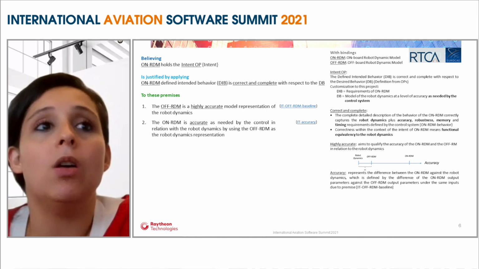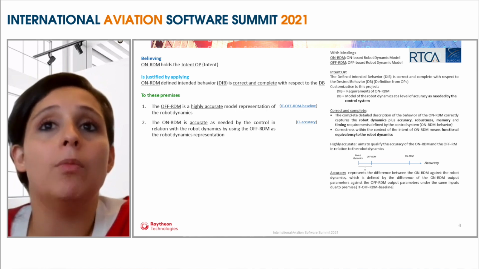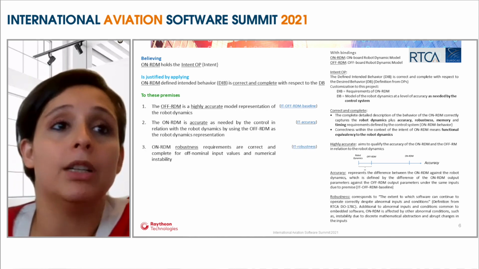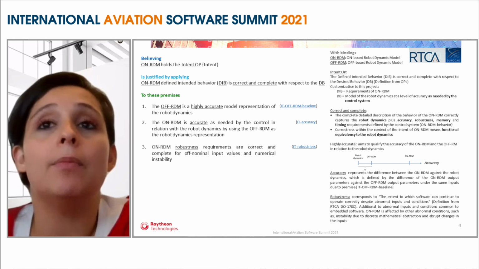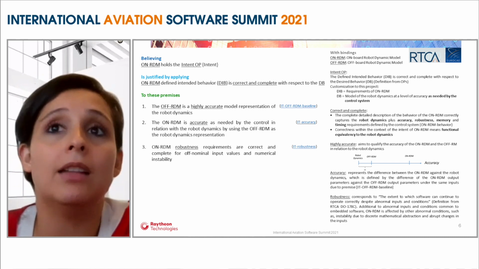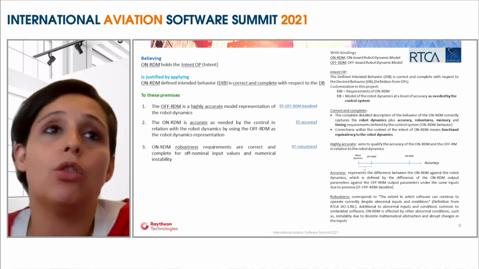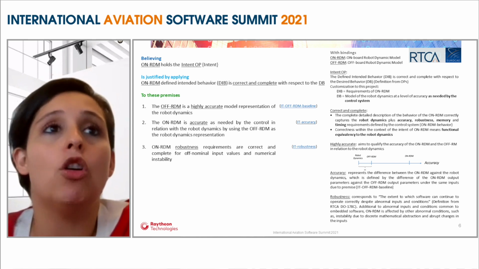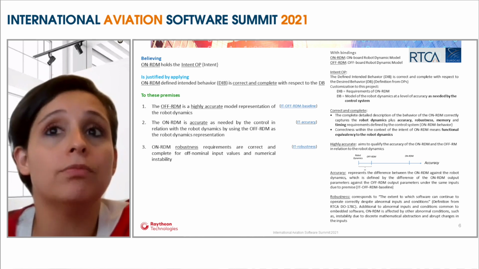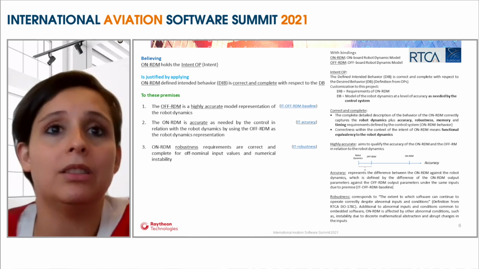calculations. Now if we look at premise number 3, that premise states that the onboard model's robustness requirements are correct and complete if they cover nominal values and also numerical instability.